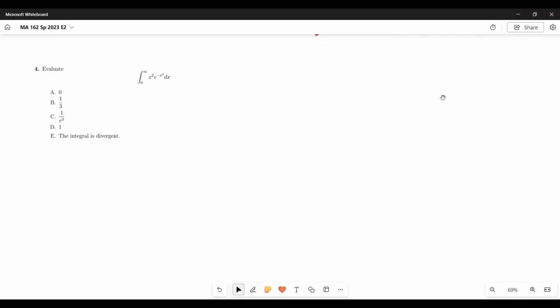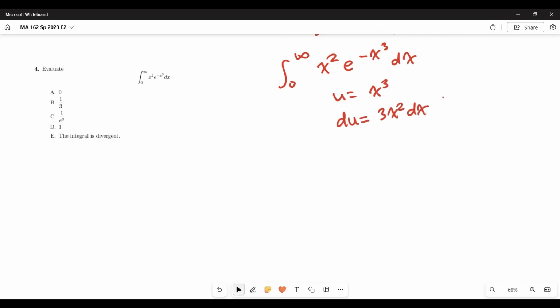Okay, this question asks to evaluate from 0 to infinity x squared e to the negative x cubed dx. Let's write it. We can put u as x cubed, and then the derivative of that is 3x squared dx. But we just want x squared dx, so x squared dx is equal to du over 3, dividing both sides by 3.